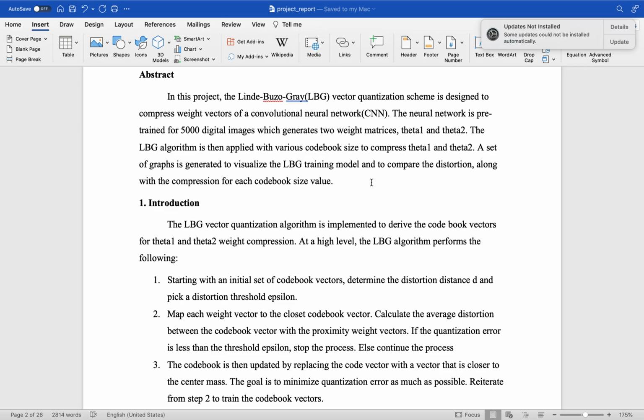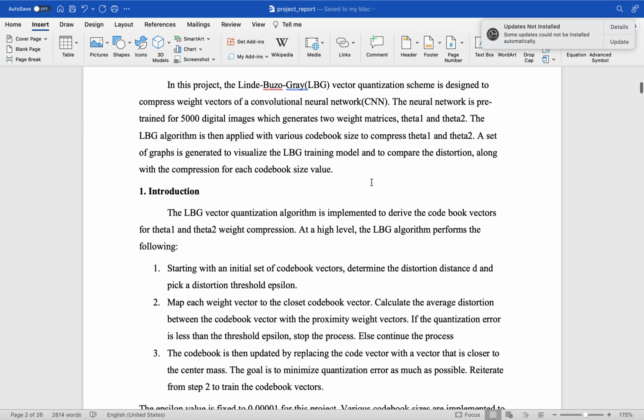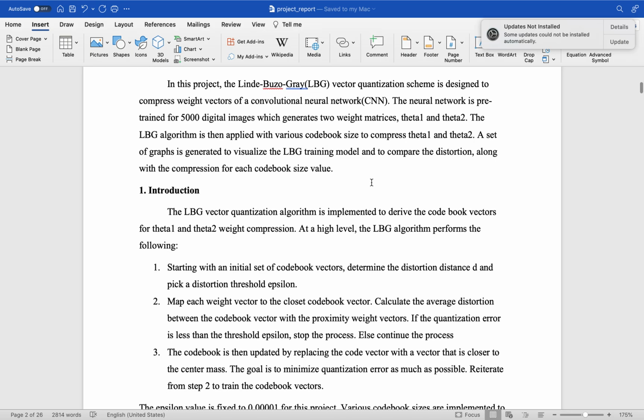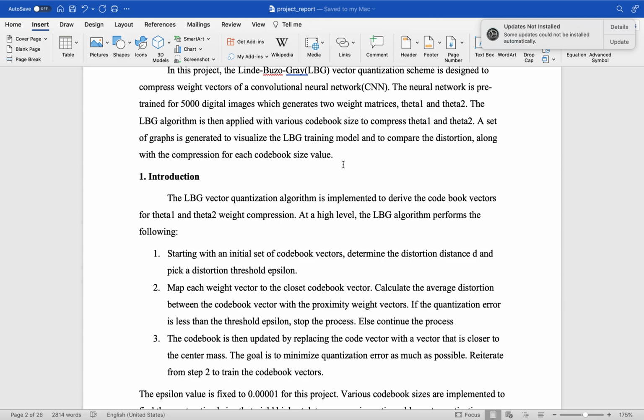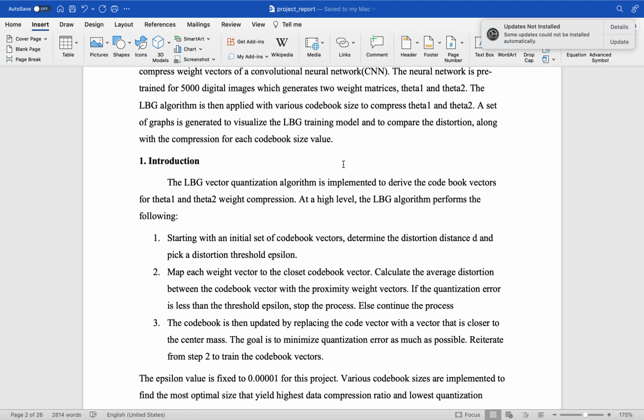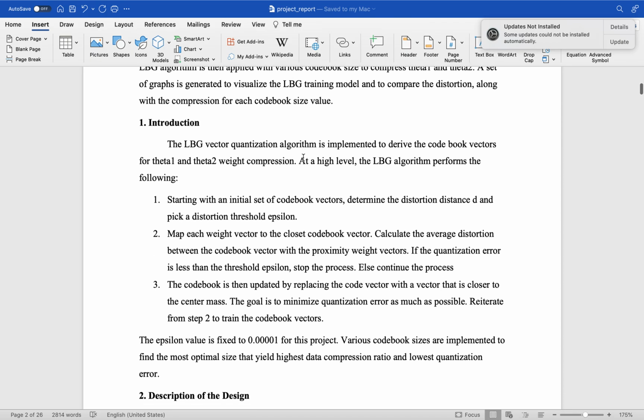The two theta matrices are given and generated from the MATLAB code. The goal is to utilize the LBG algorithm to compress the two weight vectors and generate the codebook vectors.